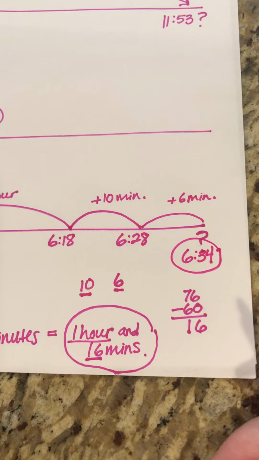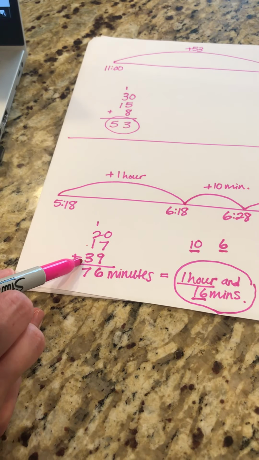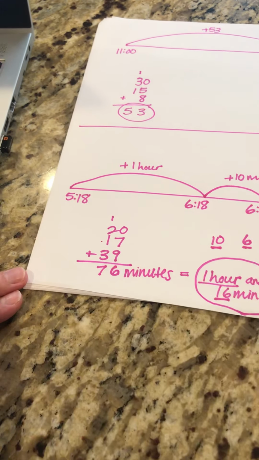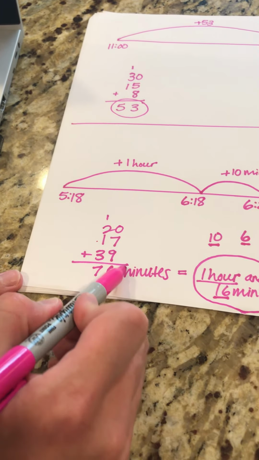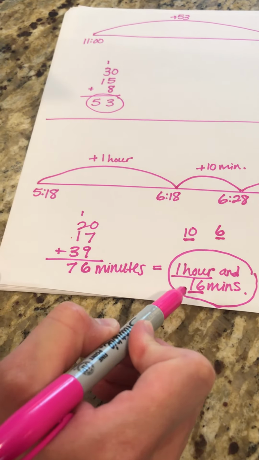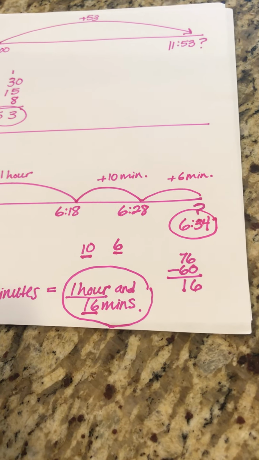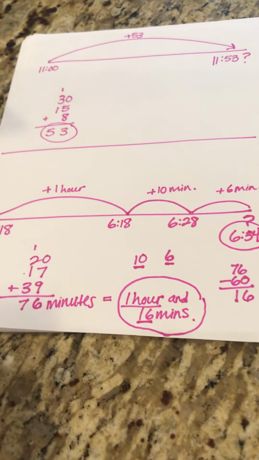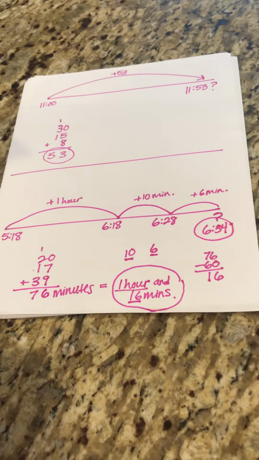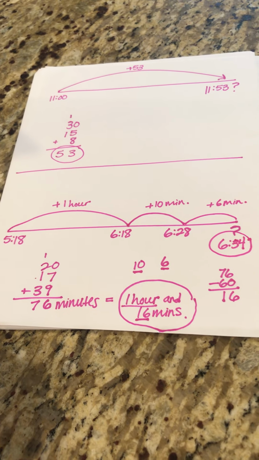So again, we could jump the 20 minutes, the 17 minutes, and the 39 minutes separately. We could do it that way, or we can add up the times and then choose what we want to jump by based on the total amount of time that we need to be doing the activities. Okay, so that is your 2 problems for the day for finding the end time, and I'll assign some practice problems for you to try these on your own.